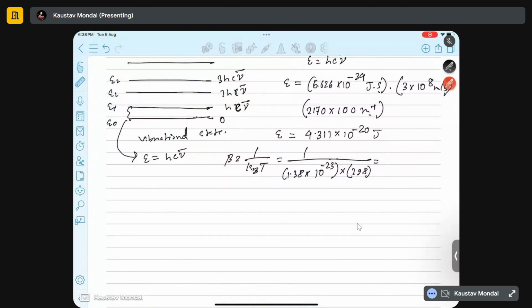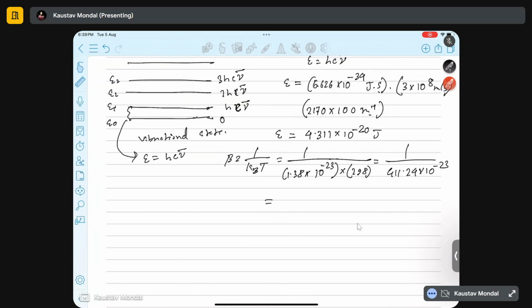So if I multiply 1.38 into 298, this gives you 411.24 times 10 to the power minus 23.